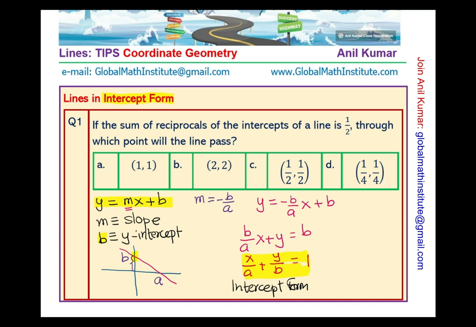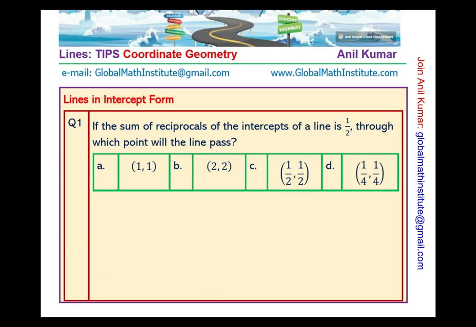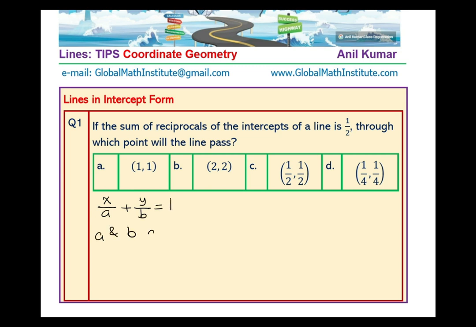Perfect. So let's move on to a fresh page. Once again, the question is that if the sum of reciprocals of the intercepts of a line is half, we write the intercept form, x over a plus y over b equals 1, where a and b are intercepts.